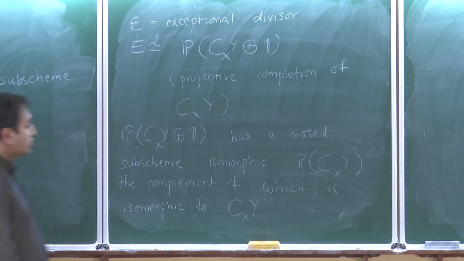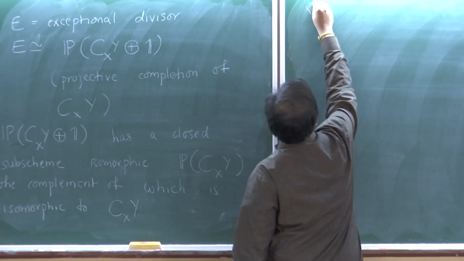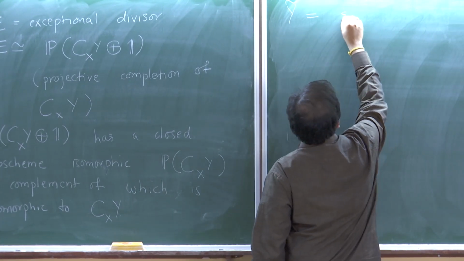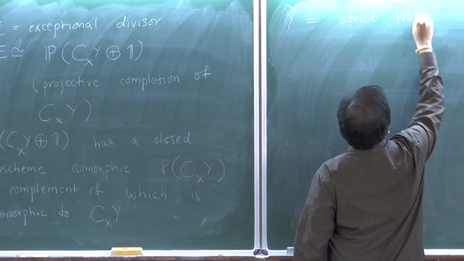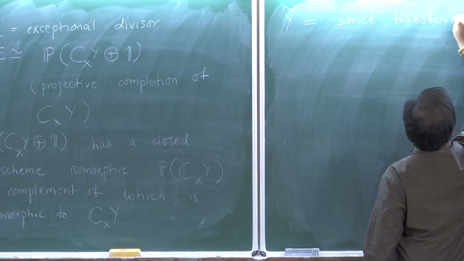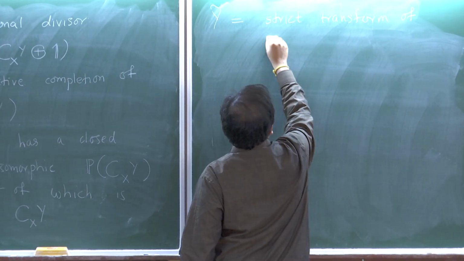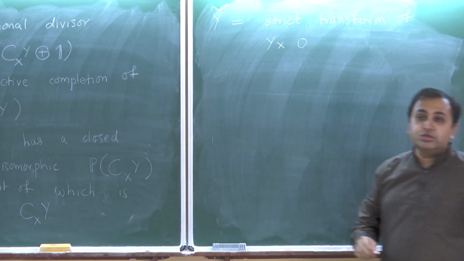So this is what we saw, and then Y tilde is the strict transform of Y cross 0. Right, so Y cross 0 is the slice.